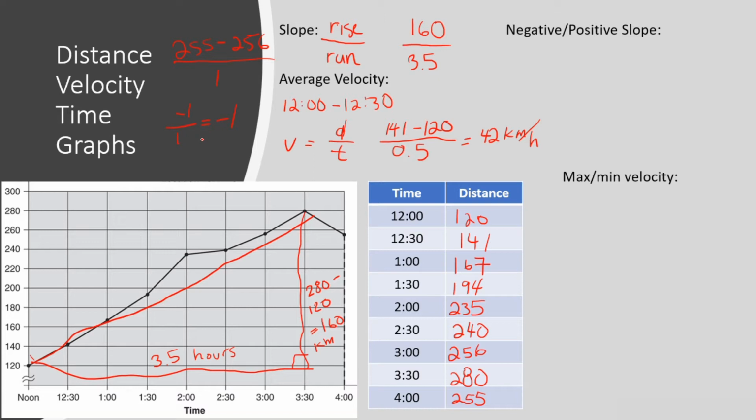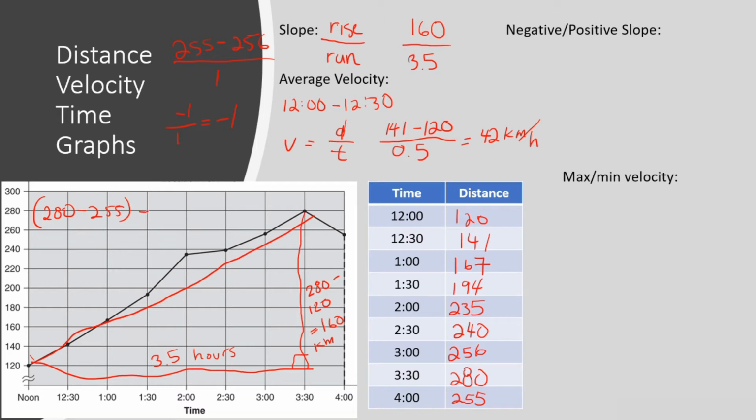So in a case like that where the velocity is changing, you have to do a little bit of extra math. So that's not what you're going to do. You're going to ask, okay, what distance did I cover between 3 and 3:30? Well, that's 280 minus 255. I'm going to put some brackets around that.